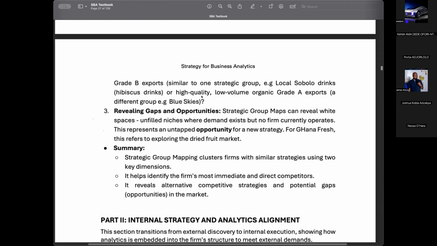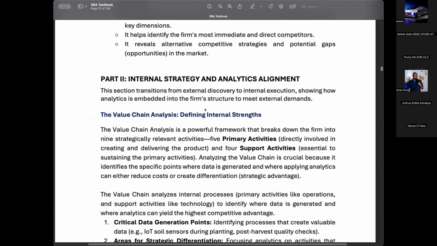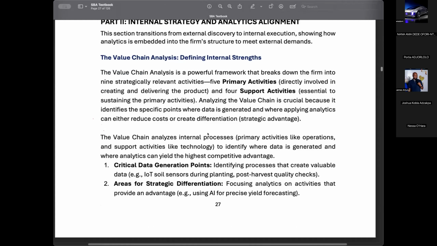Okay. Now let's look at the internal strategy and alignment. For internal strategy, you have to ask yourself what your primary activities are and what your support activities are. One model is from Michael Porter, the same one who did the Porter's 5 forces model.